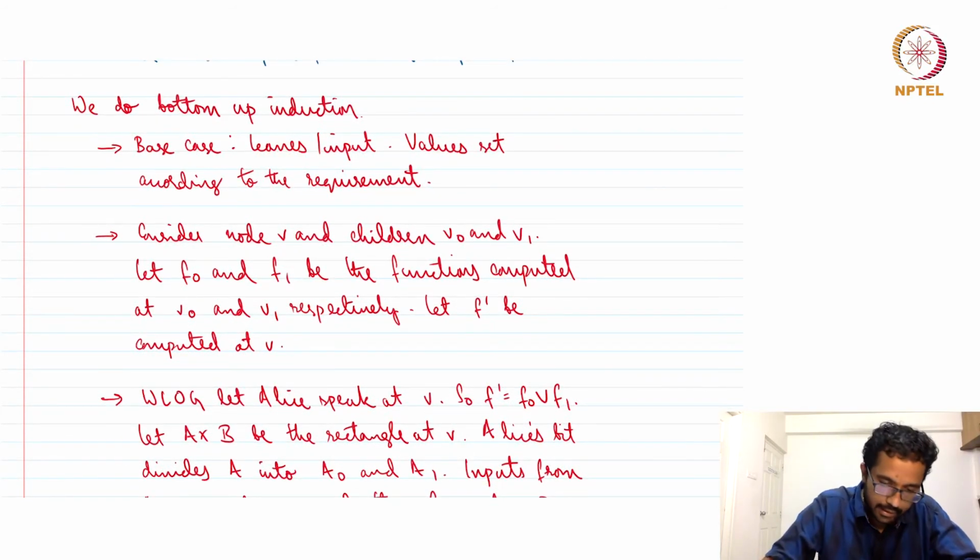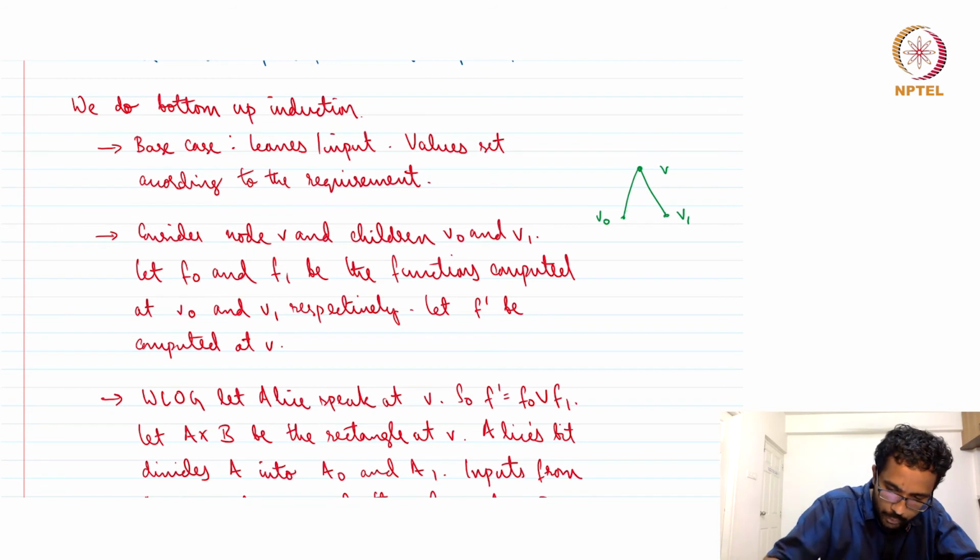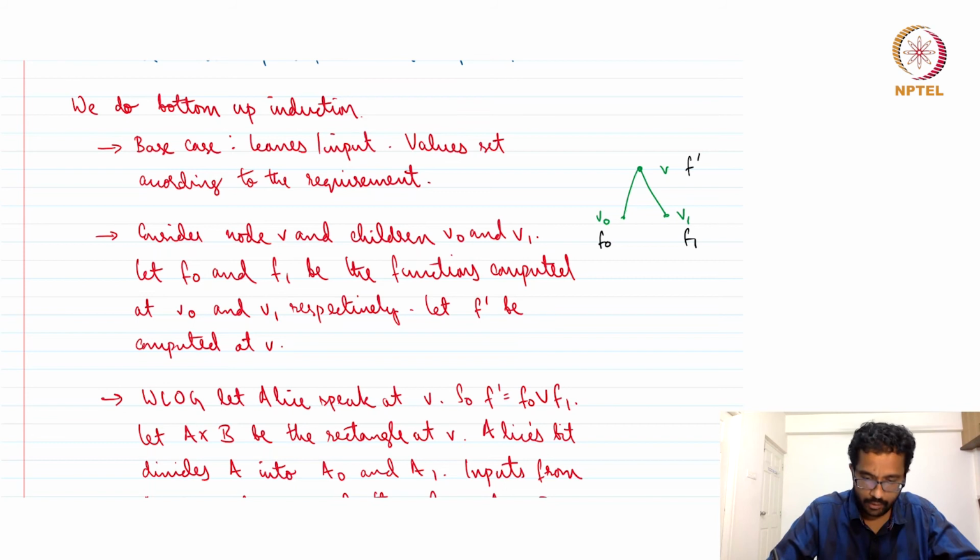Now consider any intermediate node, let's say V. Let's say V has children V0 and V1, and let's say F0 and F1 were computed there. And let F prime be computed at V. Now in the protocol, let's say Alice was speaking here.